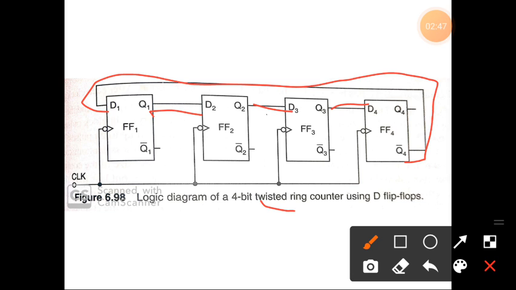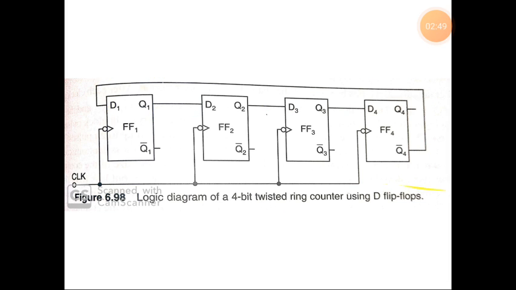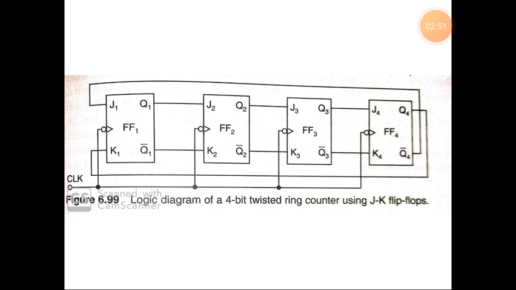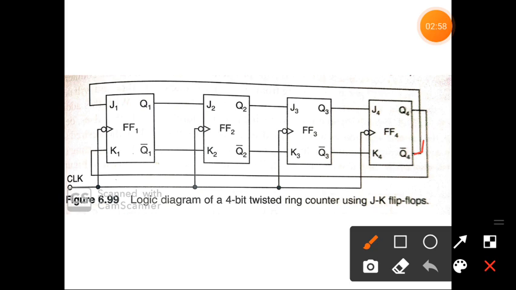The same using JK flip-flops is shown here. In this figure, the Q bar output of the last flip-flop is connected to the J input of the first flip-flop, and the Q output of the last flip-flop is connected to the K input of the first flip-flop.